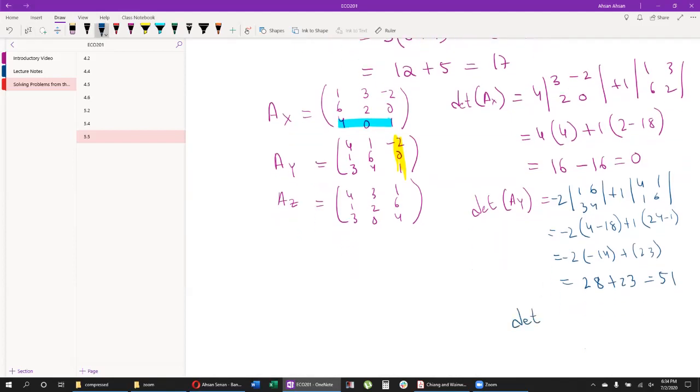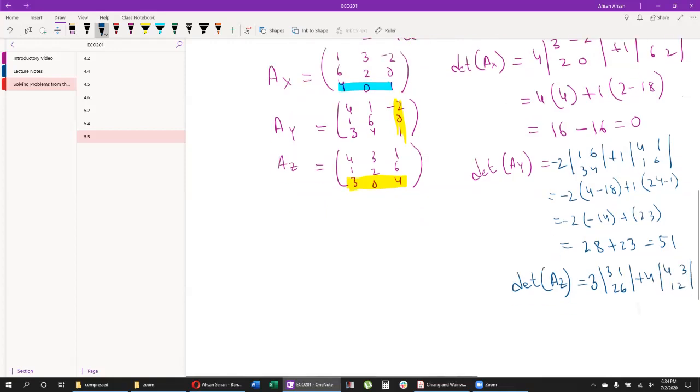And the determinant of AZ will be, and if I look for the easiest one, this looks like the easiest column to me. So 3, 3, 1, 2, 6 plus 4, 4, 3, 1, 2.